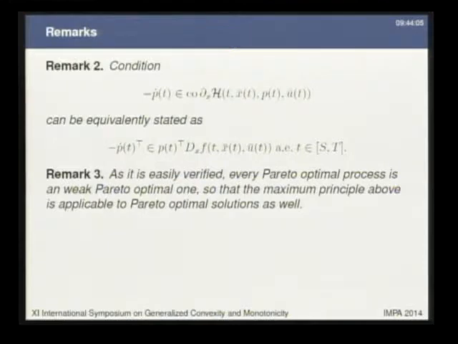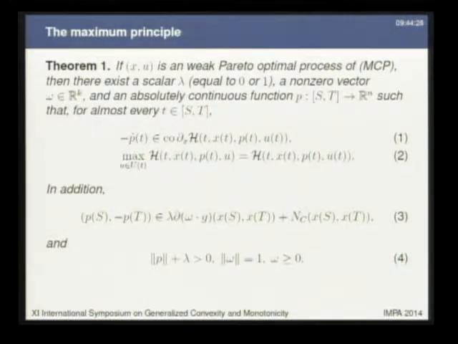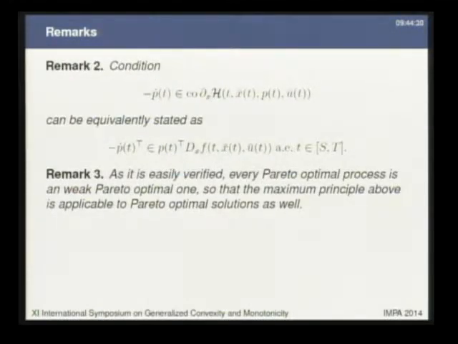So instead of using the convex hull of the limiting subdifferential of the Hamiltonian, you can state it in terms of the generalized Jacobian of the vector field F. Also, the theorem was stated for weak Pareto optimal solutions, but as every Pareto optimal process is a weak Pareto optimal process, the maximum principle above is applicable to Pareto optimal solutions as well.